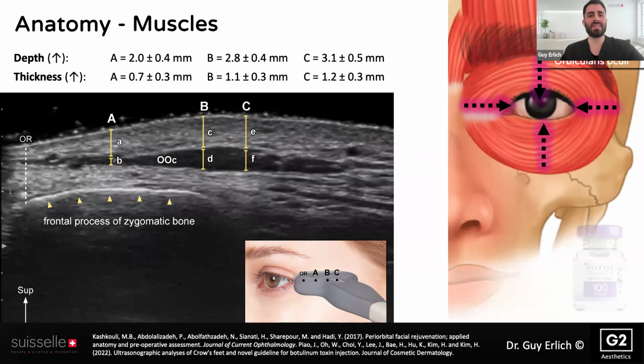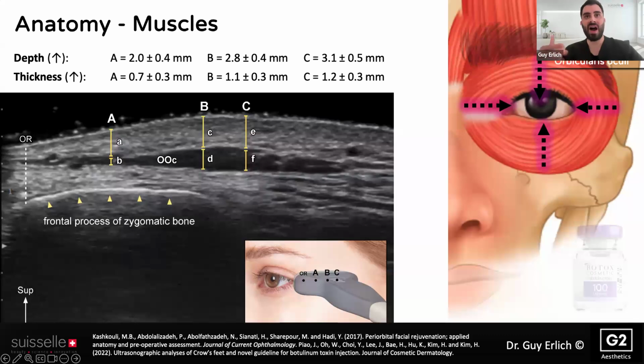But I want you to notice one really important key message in the orbicularis oculi muscle. This ultrasound examination checked the location, the depth, and the thickness of the orbicularis oculi. So A is closest to the canthus of the eye. B is medial to C, and C is the lateralmost location of the orbicularis oculi.